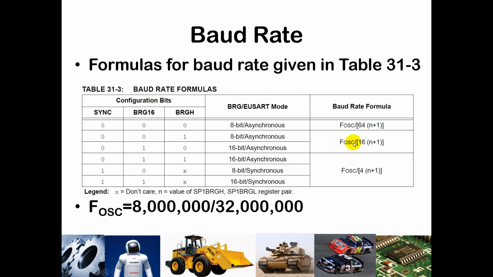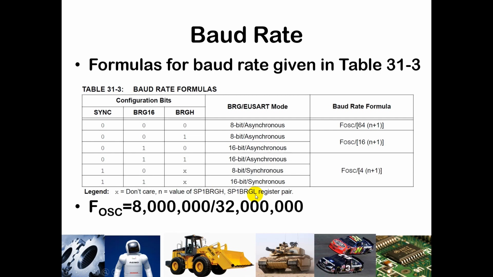So this allows us to choose either higher or lower baud rates depending upon whether we have a 0 or a 1. So if we put in a 0 in BRGH along with BRG16 and sync, then our baud rate is determined as the frequency of the oscillator divided by 64 times n plus 1. And n plus 1 comes in these SP1BRGH and SP1BRGL registers.